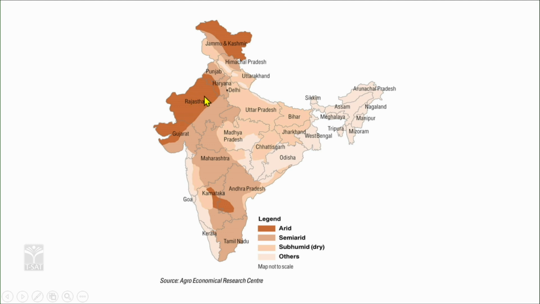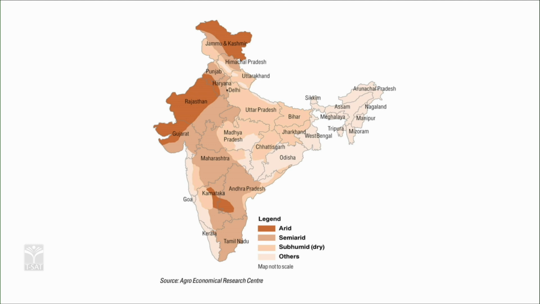Western parts of Rajasthan, northwestern parts of Gujarat and the Ladakh region are experiencing drought. The intensity of the color shows the regions which are subjected to drought more and the regions which are not.